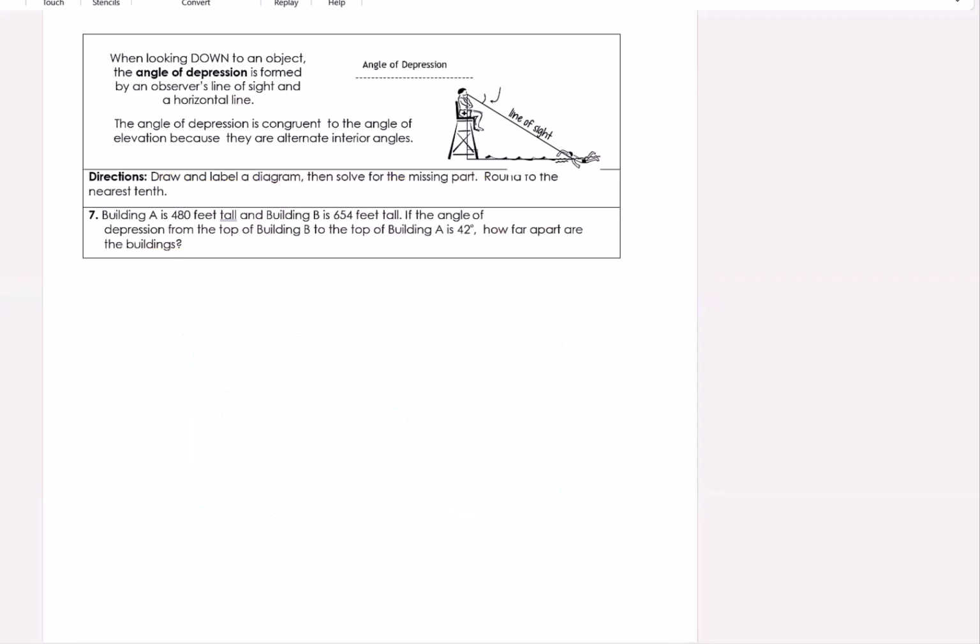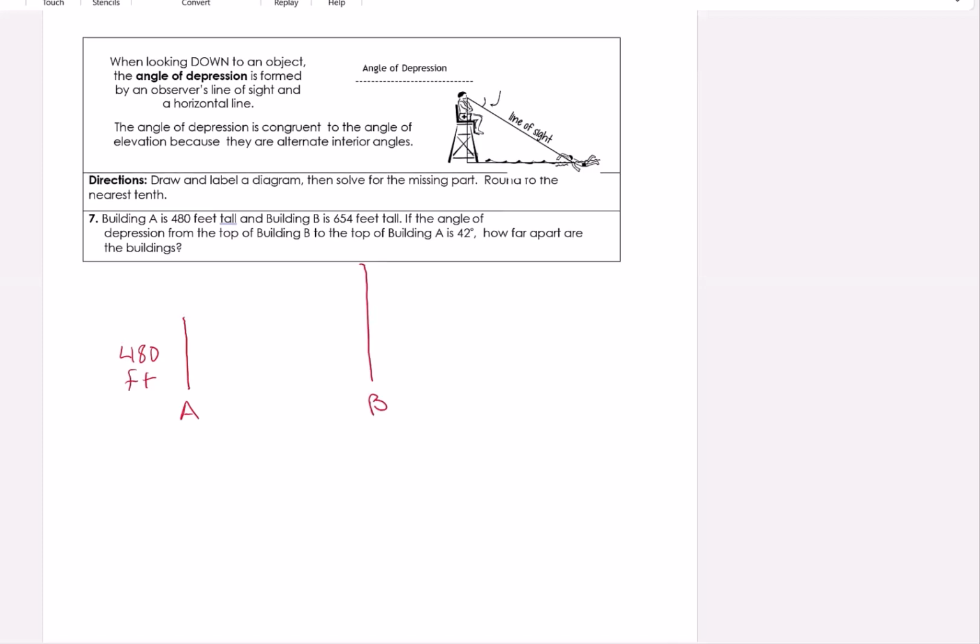Again, we have angle of depression. Let's read the question. Building A is 480 feet tall. This is building A. Building B is bigger. It's 654 feet tall. If the angle of depression from the top of building B to the top of building A is 42 degrees.